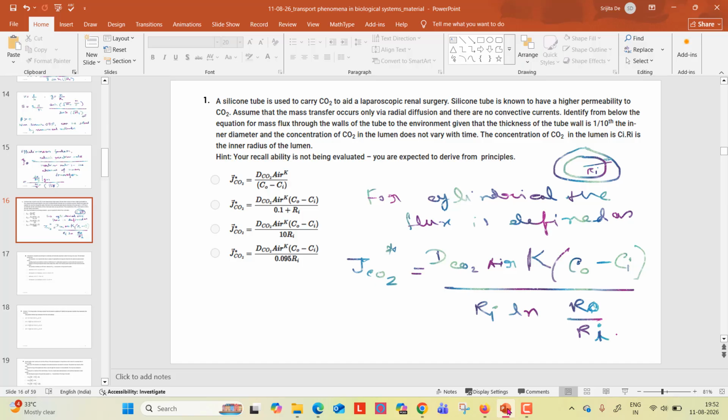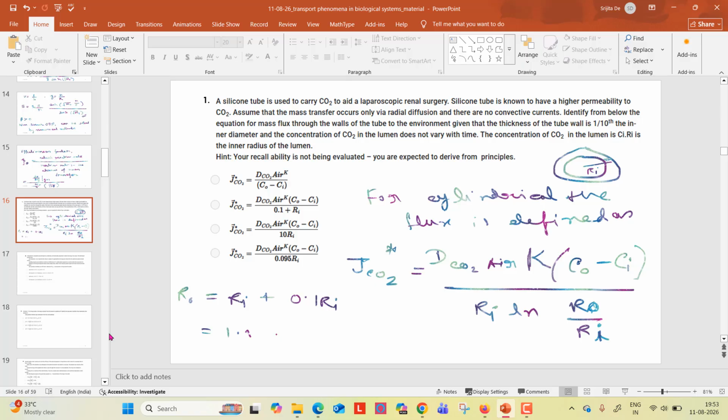Concentration of CO2 in the lumen does not vary with time. Okay, this is fine. So the outer radius is defined as Ro equals inner radius plus 0.1 of the inner radius, so it is 1.1 Ri.